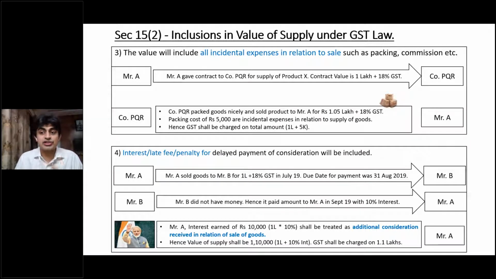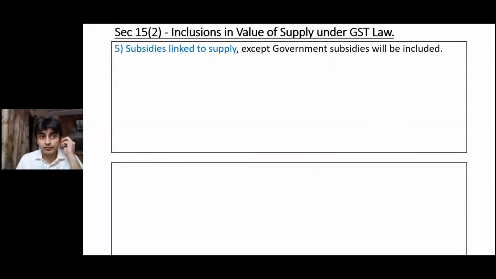Okay, so any additional consideration, late fee, penalty, in relation to sale of goods, everything shall be included in the value of supply. Clear?